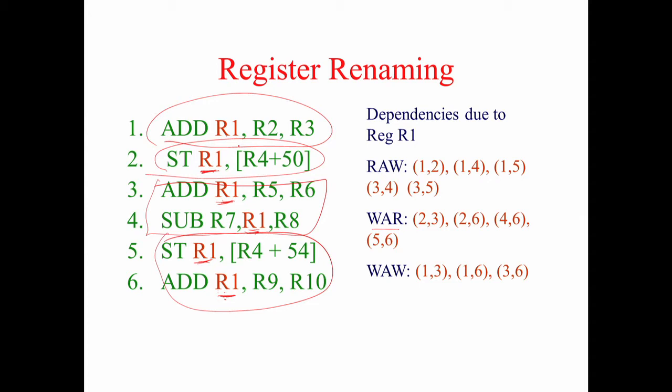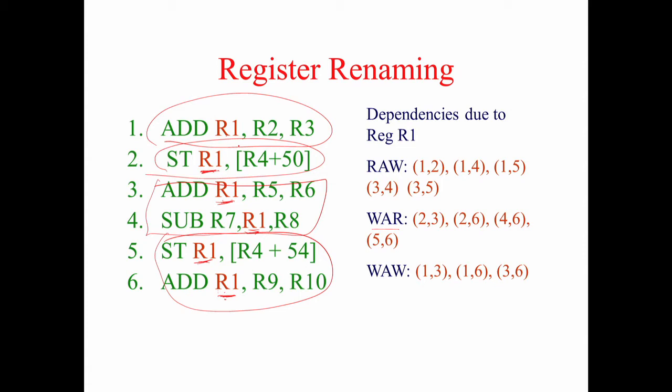These types of things have to be enabled so that you get that superscalar behavior, CPI less than 1. Because of out of order, if I am allowing 3 and 4 to execute before 1 and 2, all these hazards become extremely relevant.